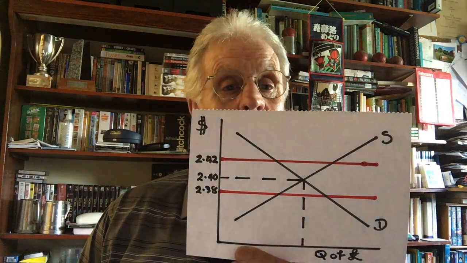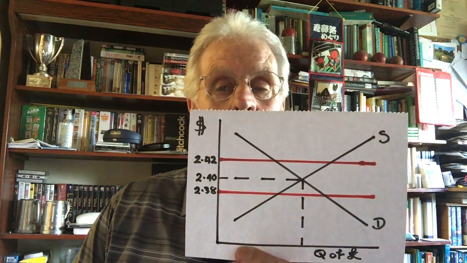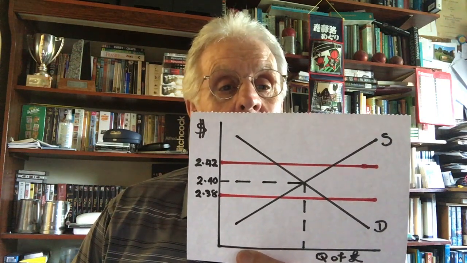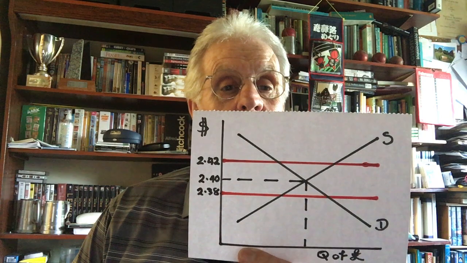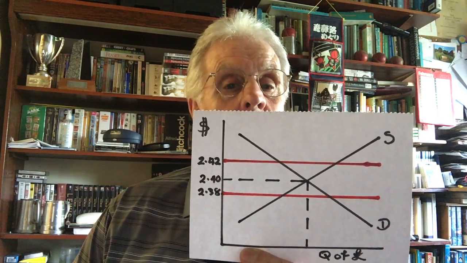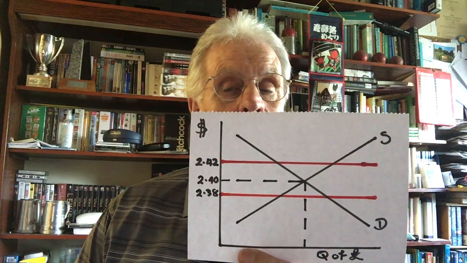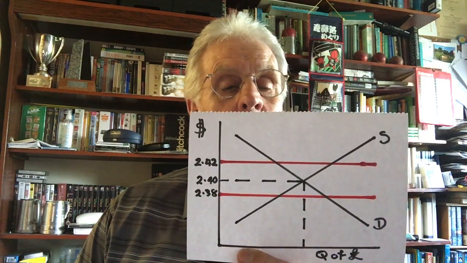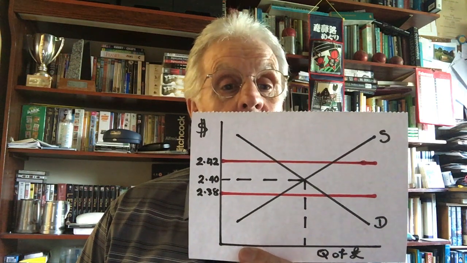Or the other way around, very unusual of course, but if sterling was rising and likely to breach the $2.42, then the Bank of England would sell sterling into the market and buy foreign currency in order to bring the price down. So that's all a fixed exchange rate is.